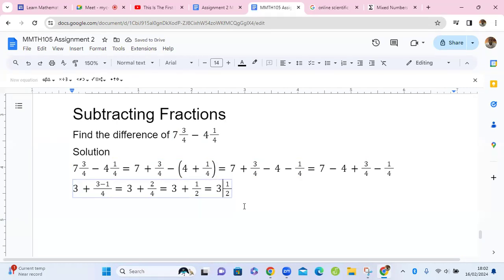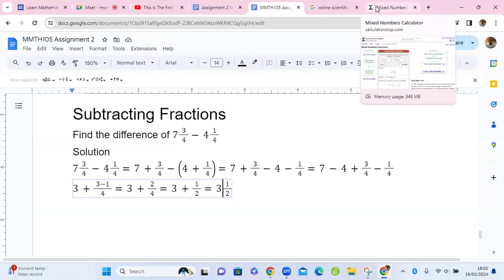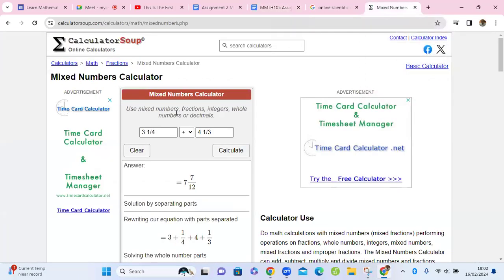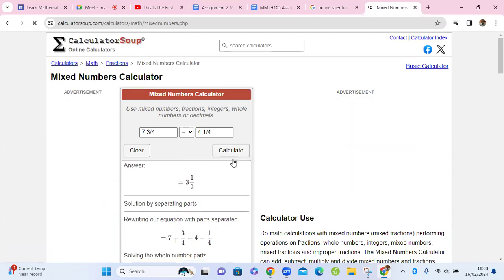And you can prove your answer in your online calculator. 7 3/4, subtract, let's look for the subtraction operation, minus 4 1/4, and that should give us 3 1/2.